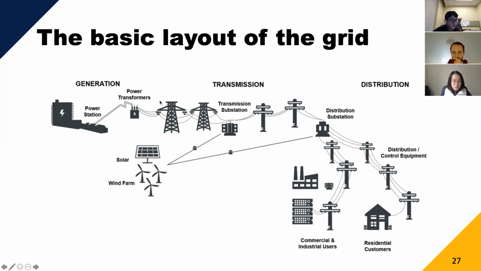These are like the big metal towers that you might see if you're driving down the freeway, goes to these substations to drop down in voltage. And then this goes into distribution substations. So these are more like the local wooden electricity poles that you see around town. And so this eventually gets brought into your end use directly.